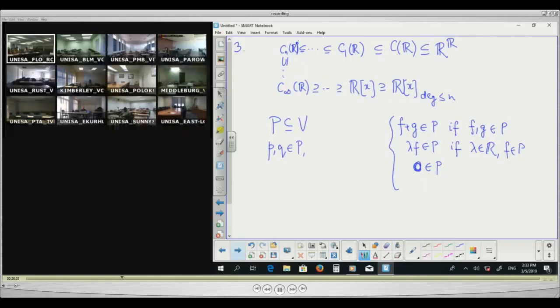So what I was referring back to was that P is a subspace of a vector space.